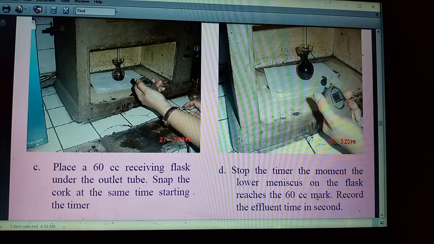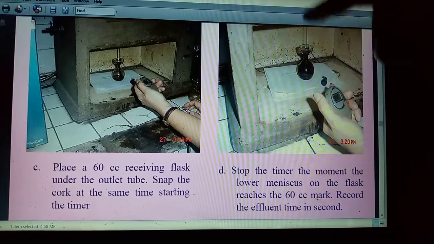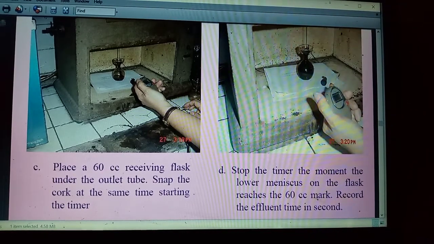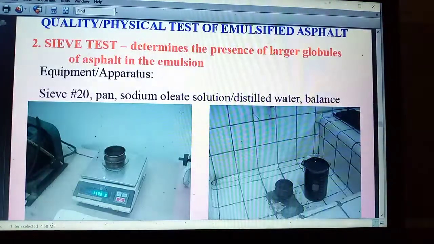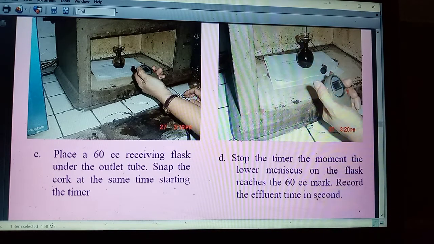Meron yang measurement na 10, 20, 30, 40, 50, 60. Pag umabot na sa 60 cc mark, i-record mo yung time na nag-pass. Pag na-record mo na, ma-measure mo na yung viscosity niya.